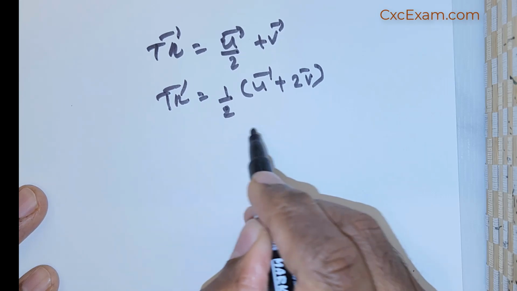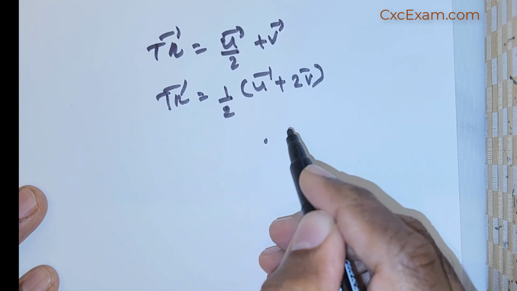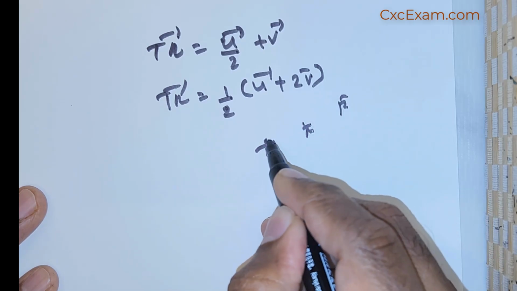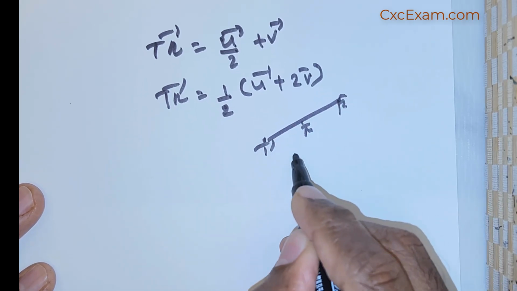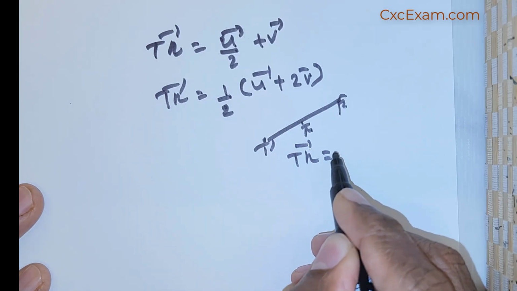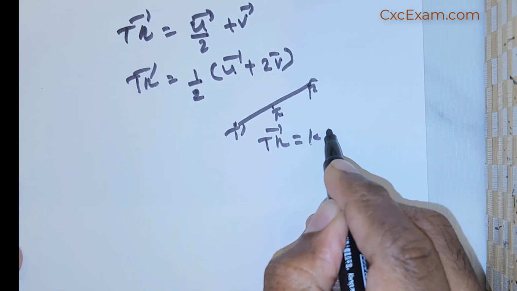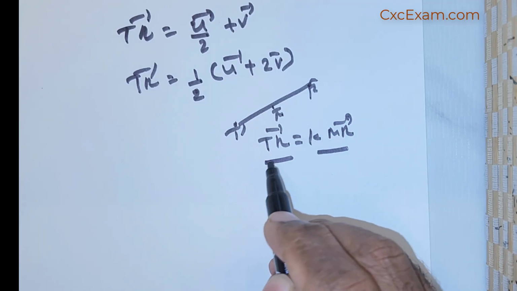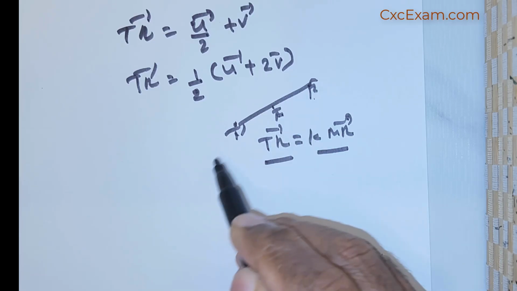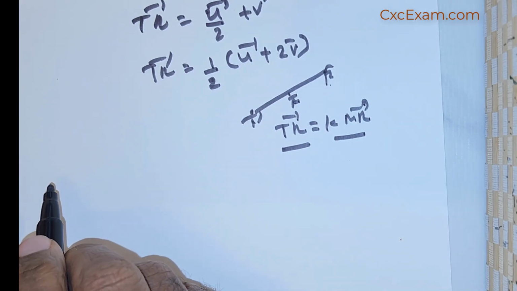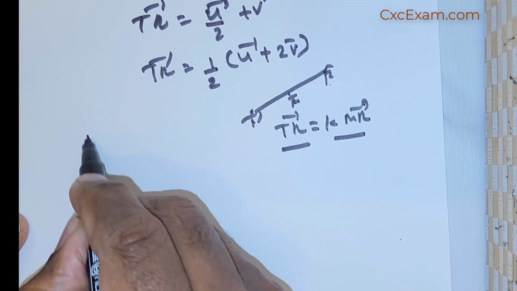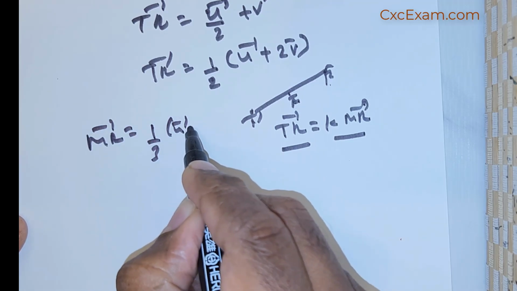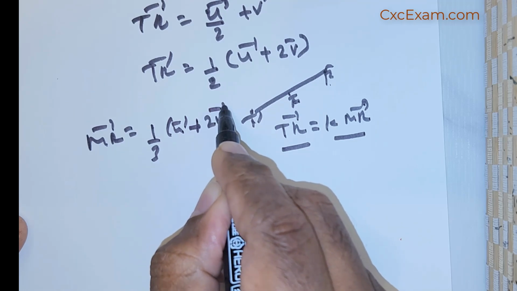Now we need to establish the collinearity of T, M and R. The idea is to show that TR vector is some constant times MR vector. If I show this, then clearly I can ascertain that T, M, R lie on the same straight line. Now let me go to MR vector. MR vector is 1 over 3 of U vector positive 2 times V vector.